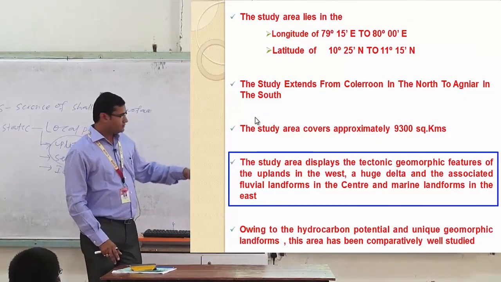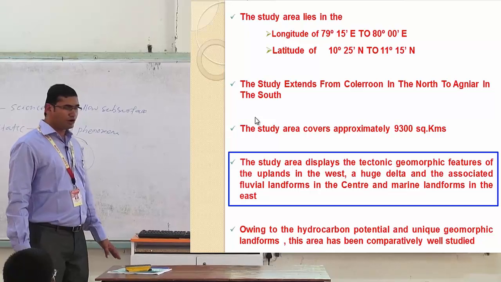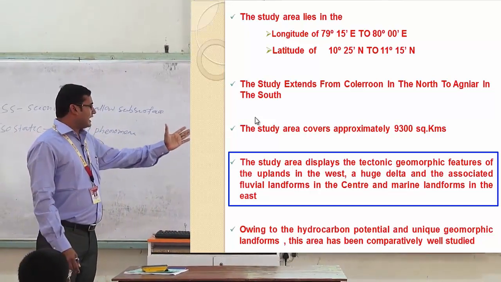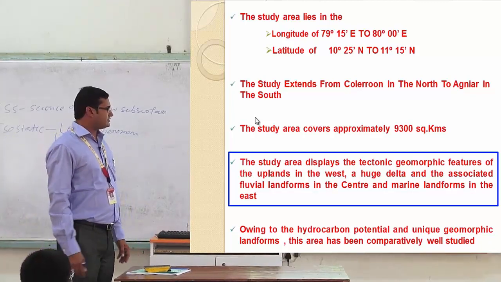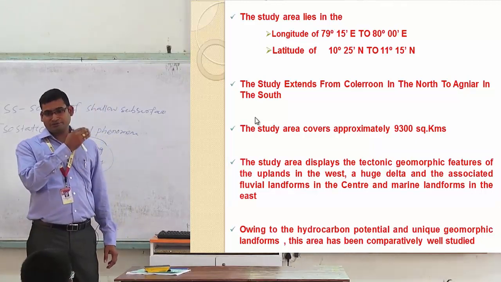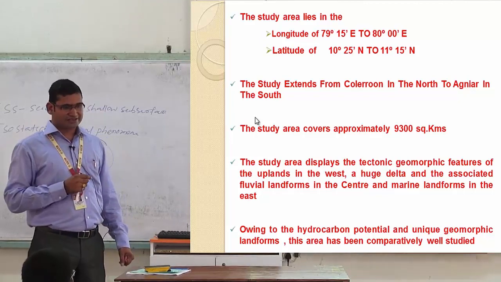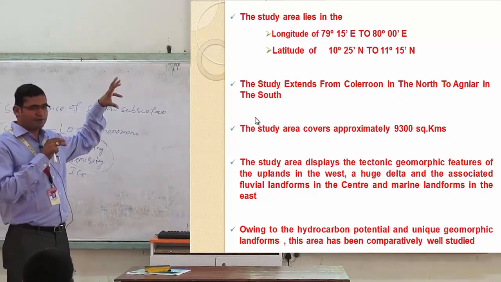Then once again, the study area displays the tectonic geomorphic picture of the uplands in the western part, which I will show in the satellite imageries, and a huge delta and the associated fluvial landforms in the center and the marine landforms in the eastern portions. Because, as I showed in the very beginning of the slide, in the satellite imagery of this Cauvery region, we will see that there are two portions, uplands.